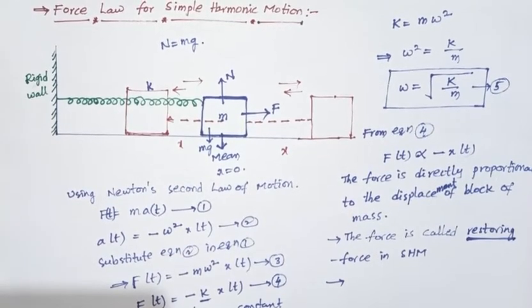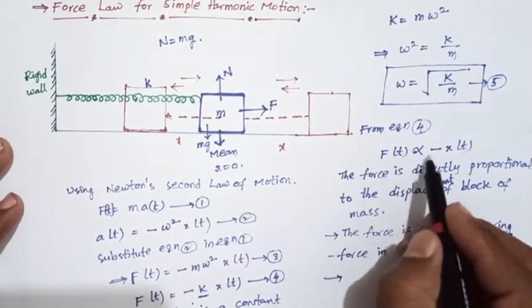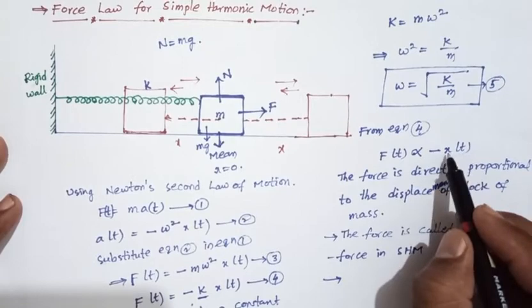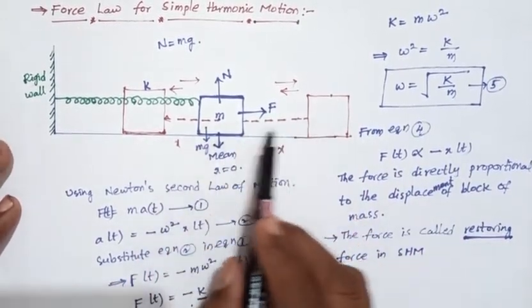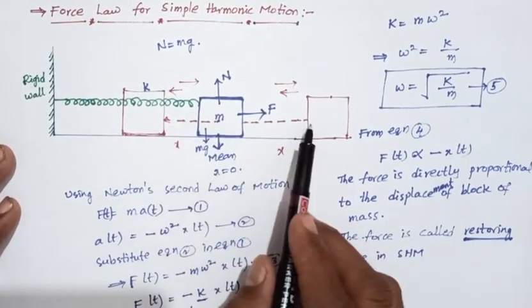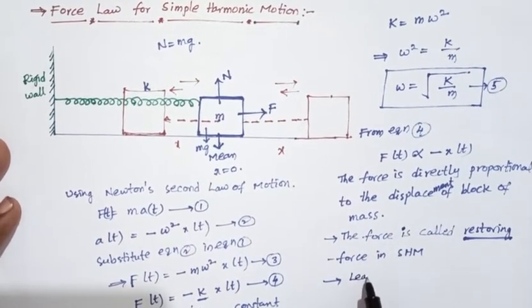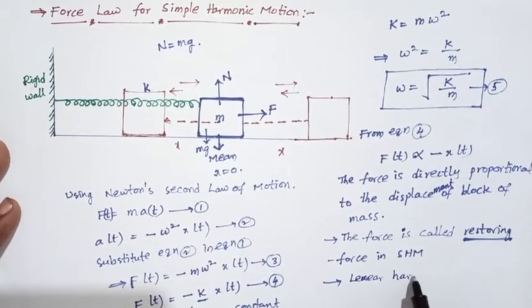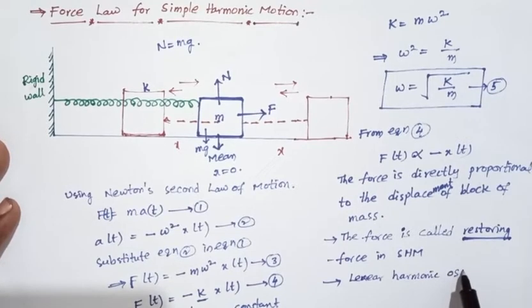The force is directly proportional to the displacement x of t, displacement along linear motion. So it is to and fro motion, linear motion. Such type of motion is called the linear harmonic oscillator.